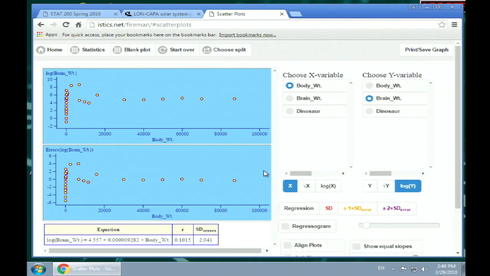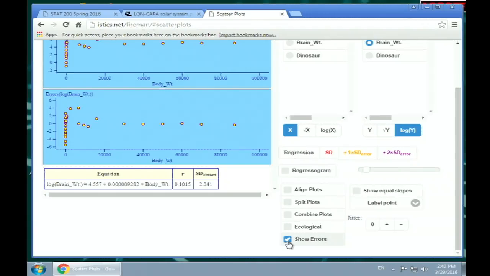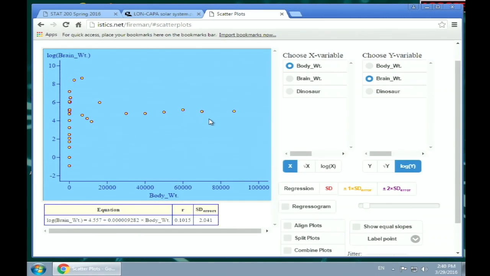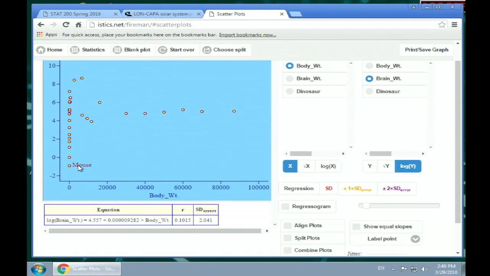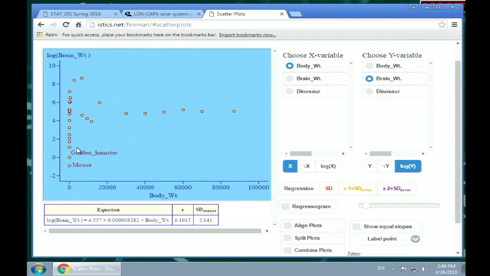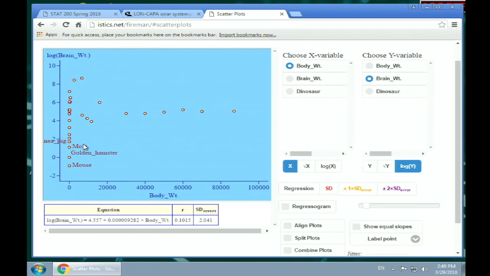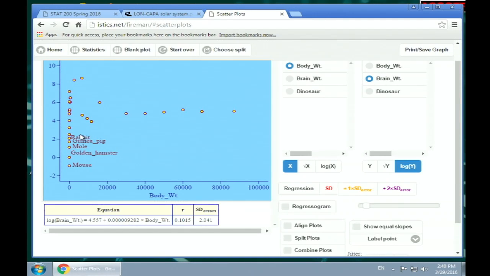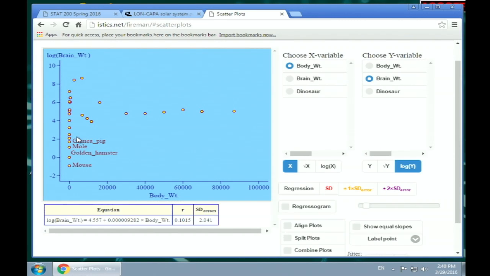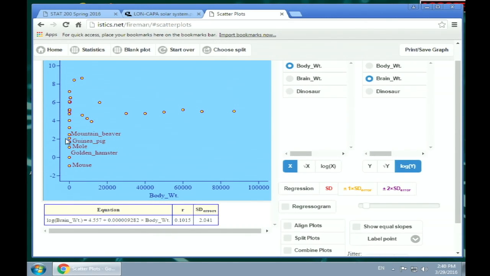Why don't we take the scatter plot? We don't need the error plots. So this still does not look good. We can see these animals better. There's the mouse, the golden hamster, the mole. They show up. Oh, that was a guinea pig. That's a rabbit. You see, now we can see these ones. It's better. The mountain beaver.